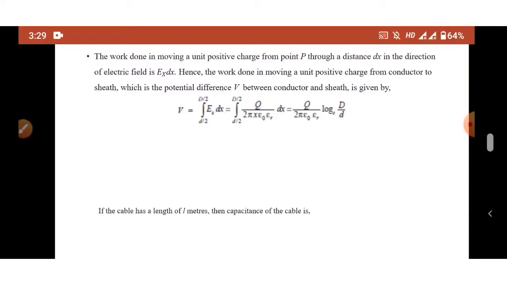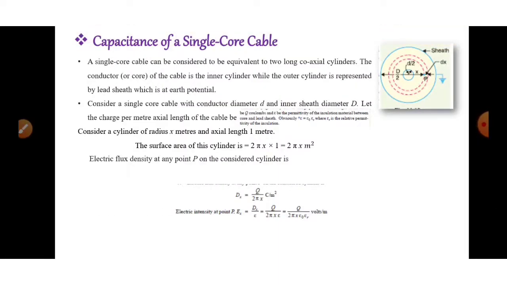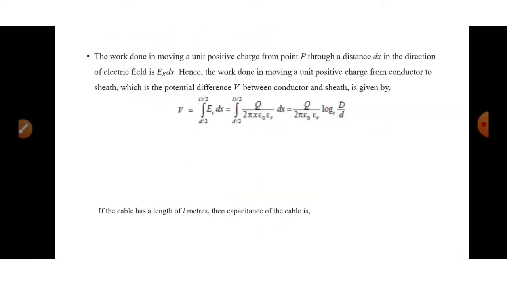So V is equal to the integral from d by 2 to D by 2, because from conductor to sheath, the whole portion is considered here. So for that, integrate Ex dx from d by 2 to D by 2. Then x is the variable.